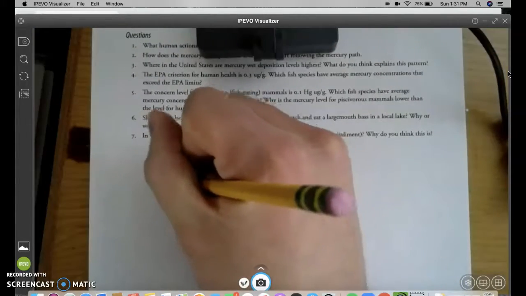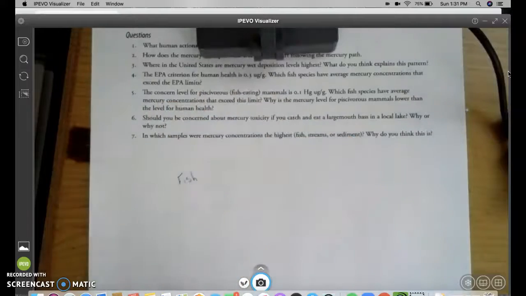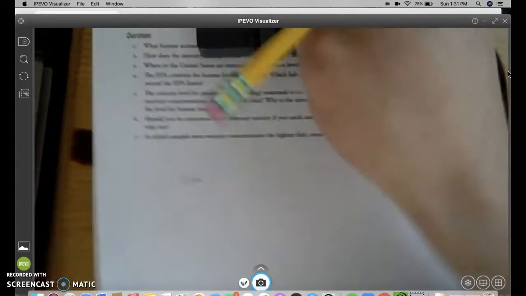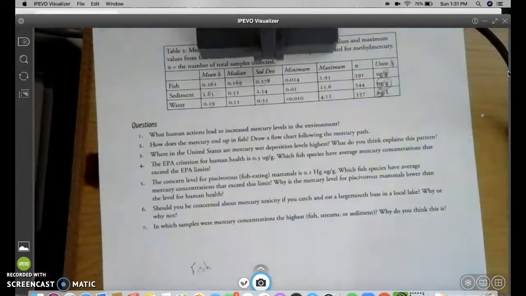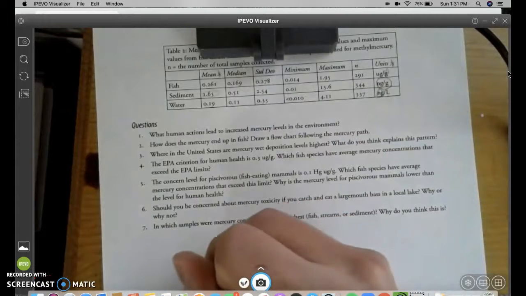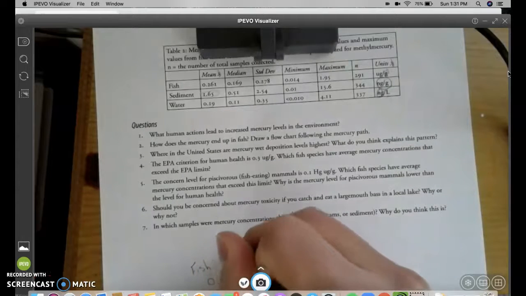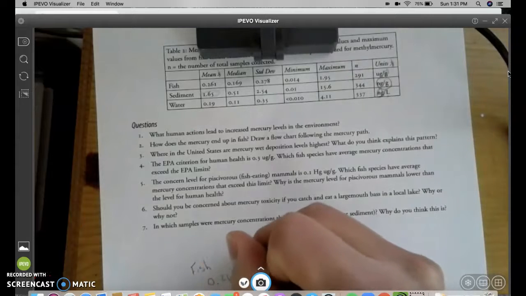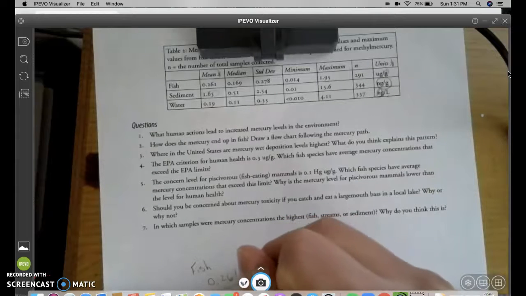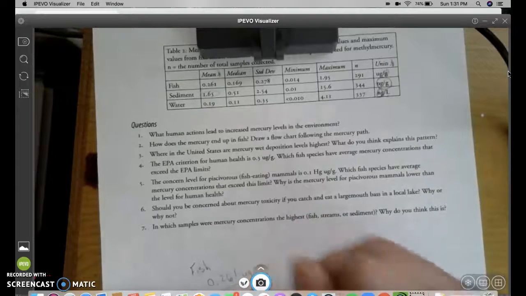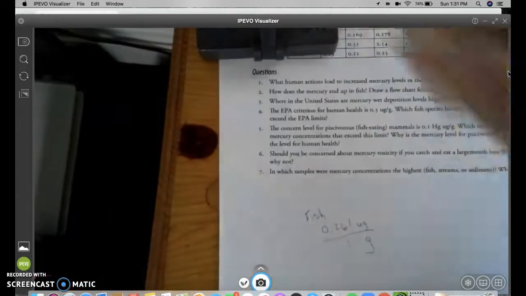So for fish, you have 0.261 micrograms over technically 1 gram if this were math. Right?